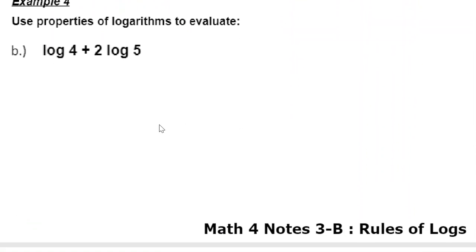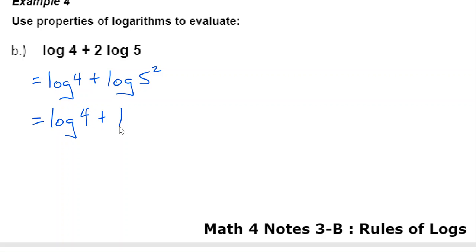Now, here's a guy: log 4 plus log 5 to the 2nd. Well, that's actually 25. And since these logs are being added, 4 times 25 is 100.